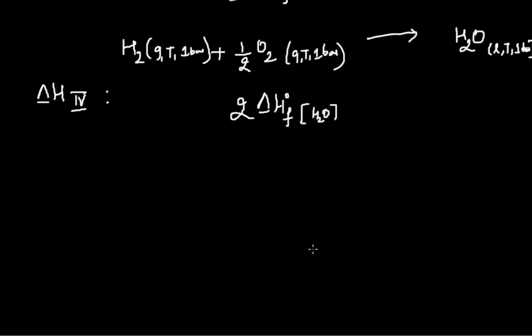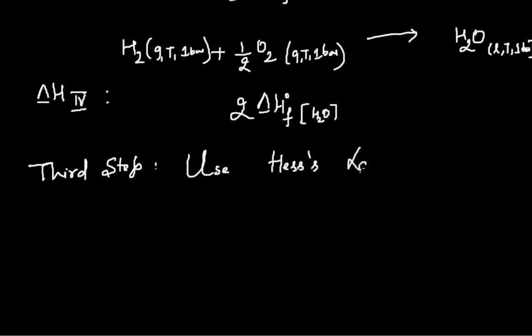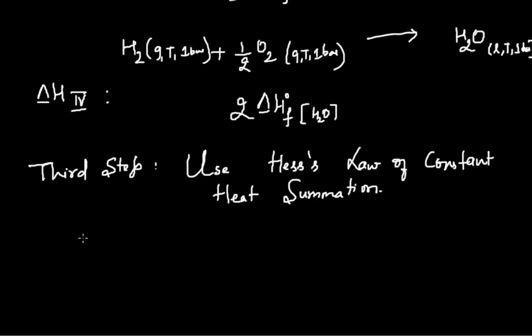If we put all of them together, what is the third step? The third step is we have to use Hess's law of constant heat summation. What is this first thing?